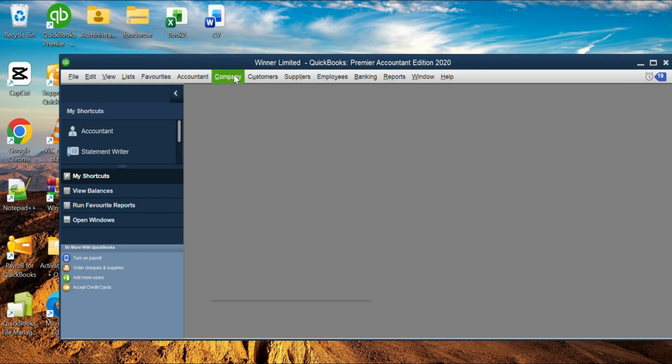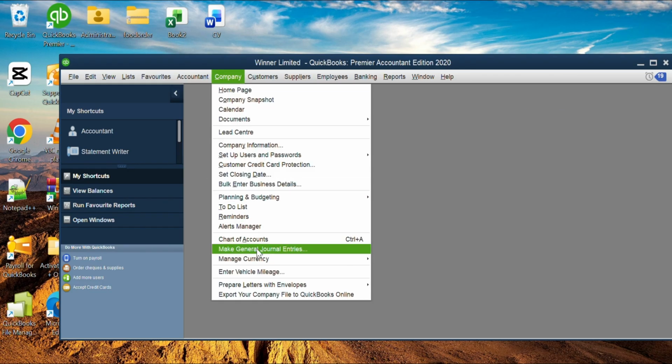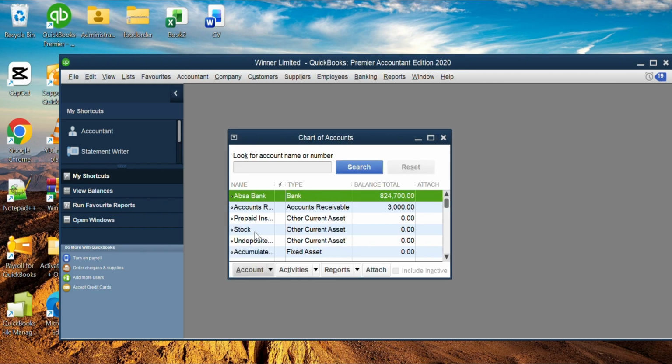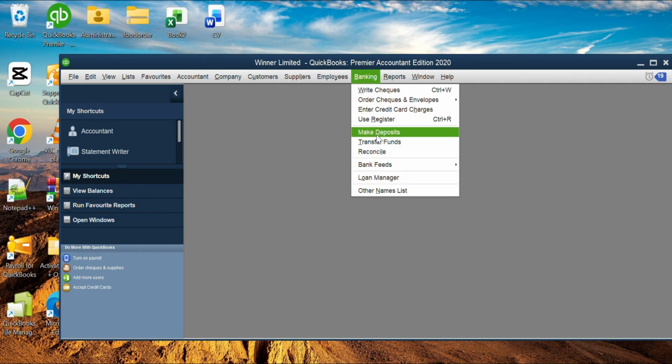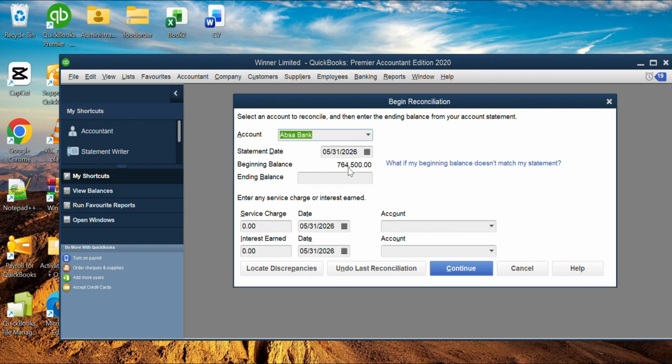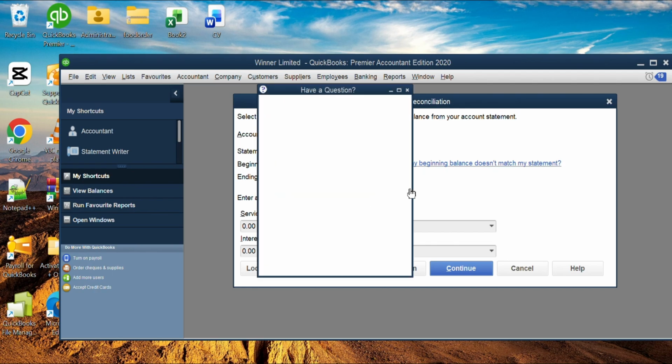First of all, we want to check the Absa Bank balance so that we can put it in the reconciliation. So we went to the chart of accounts because I had not noted the closing balance, and that is the amount that we put there.